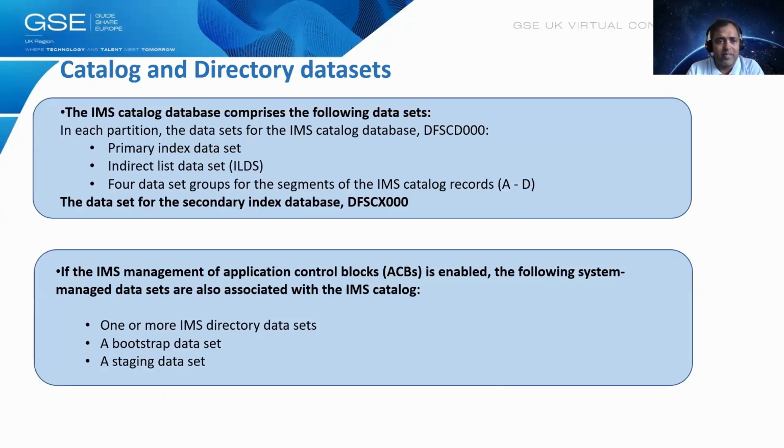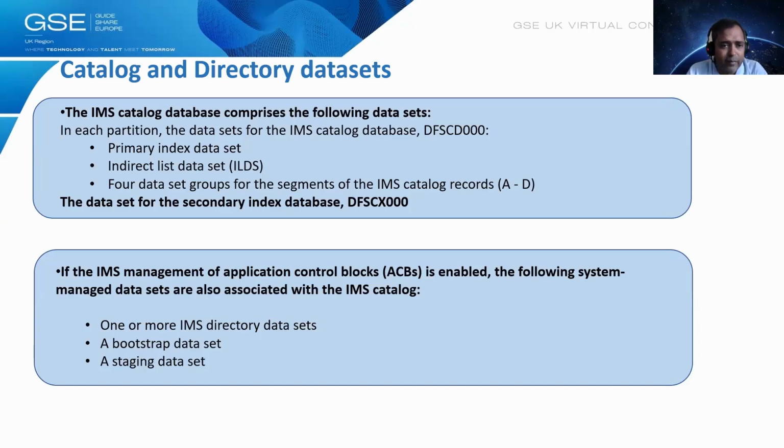We'll look into some more details on what data sets there are in a catalog and a directory. So the IMS catalog is a database structure, we know that. And before we load any records inside this IMS catalog, we must define all the partitions to IMS, right? So the IMS catalog is composed of two types of objects.